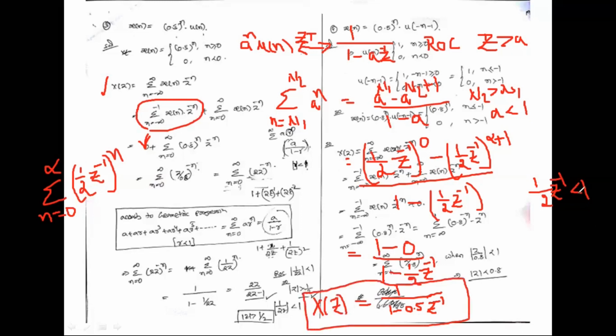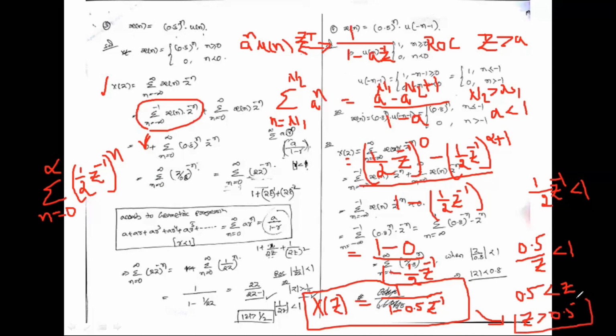What is the ROC? 1 by 2 z inverse is less than 1. So 1 by 2, nothing but 0.5, by z is less than 1. Okay. 0.5 is less than z, and z is greater than a, greater than 0.5. See, this is the ROC we have. Similarly, z is greater than a. What is a? 0.5.